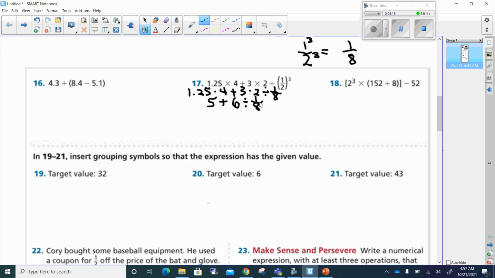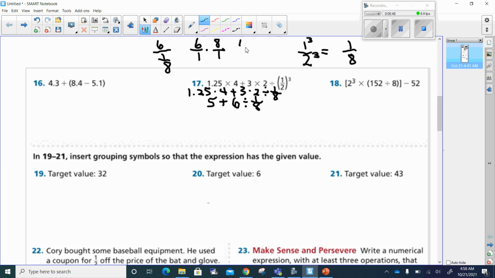Now, what is 6 divided by 1/8? Well, I would have to say this is like a fraction, 6 divided by 1/8. And if we have a fraction in a fraction, we know we have to use KCF. So we'll keep the first term the same, and we'll multiply by flipping the second one, all right? We keep, we change, and we flip.